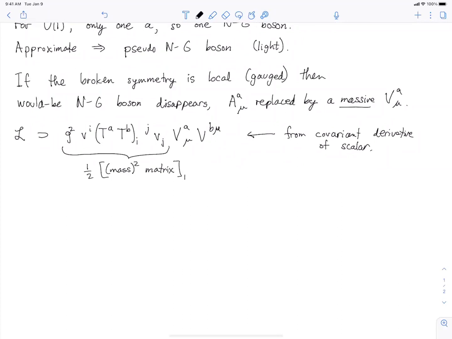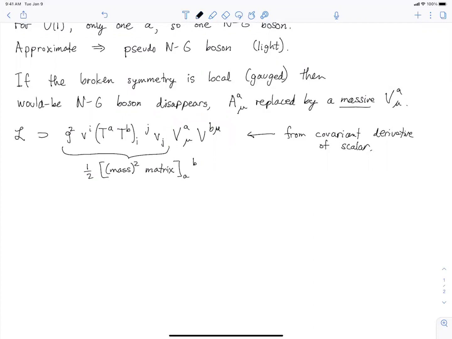which has indices A and B. And so if you want to know what the masses of VA and VB are, you need to do a change of basis in order to make this diagonal.